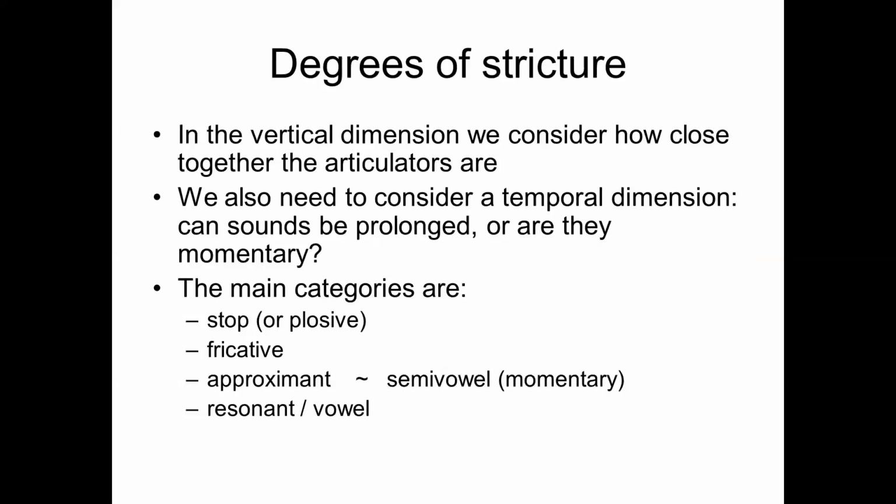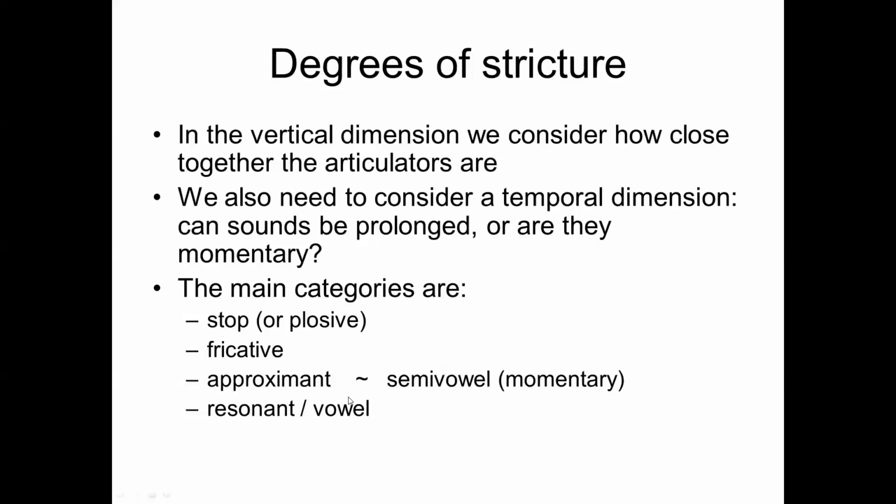All right, so first, how we can make sense of manner of articulation, in particular for consonants. We want to consider how close those articulators get. Do they completely close together? That would be what we call our stops or plosives. Are they almost completely touching, but not quite? Those are our fricatives.